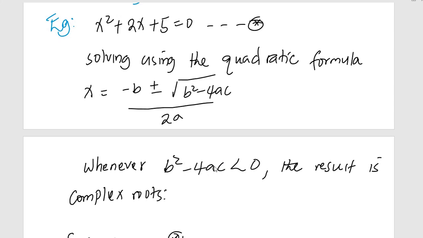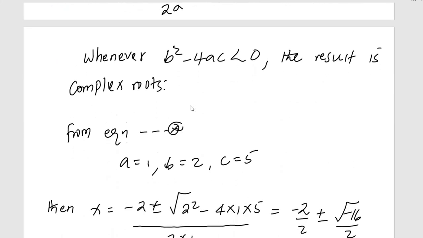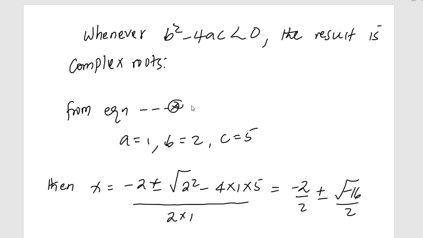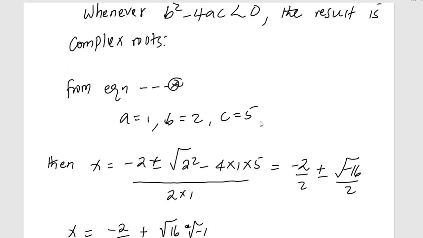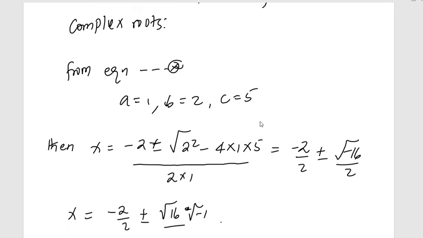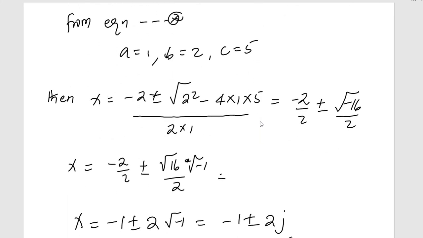So if we look at the example x squared plus 2x plus 5 equals 0, this is a quadratic equation, where a is equal to 1, b is equal to 2, and c is equal to 5. If I substitute in b squared minus 4ac, you'll find that it is less than 0, meaning that if you take its root, you'll get the root of -1.